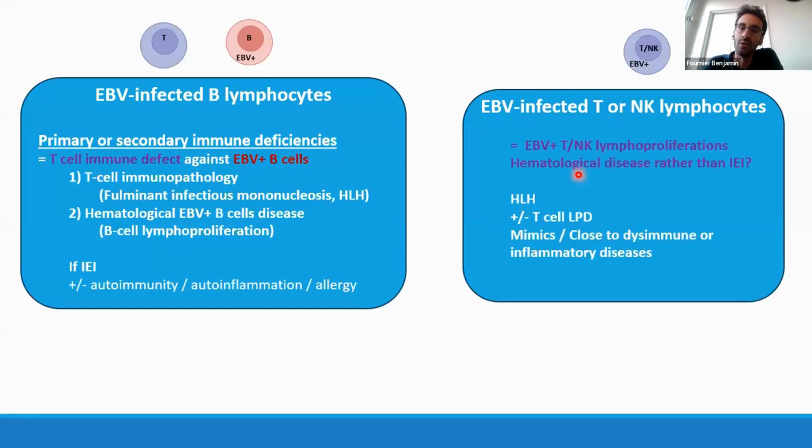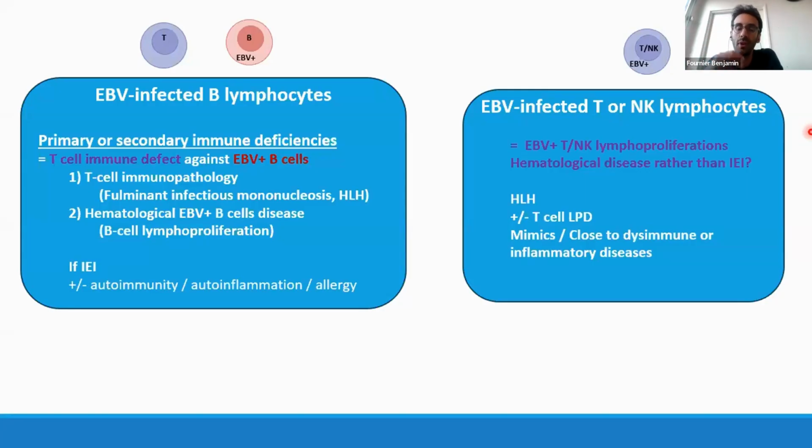So on the right side, you have EBV that in these instances will infect T or NK cells, and these are called EBV-positive T NK cell lymphoproliferation. And here it's mostly hematological disorder rather than primary immune deficiency.